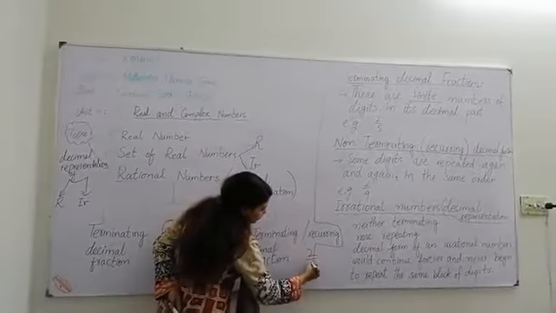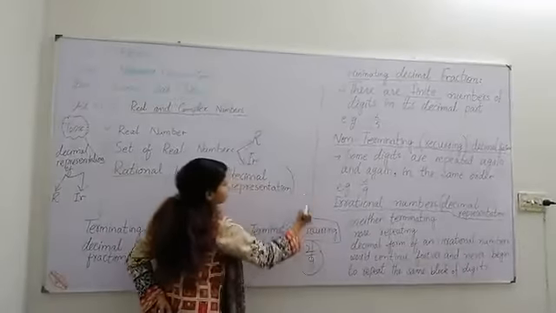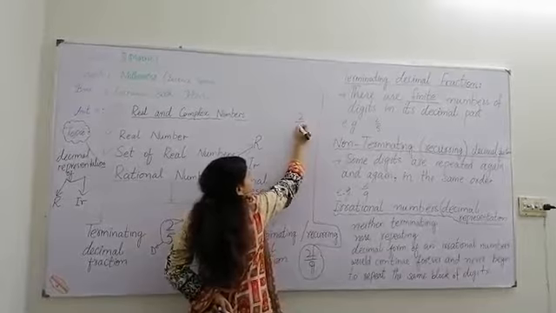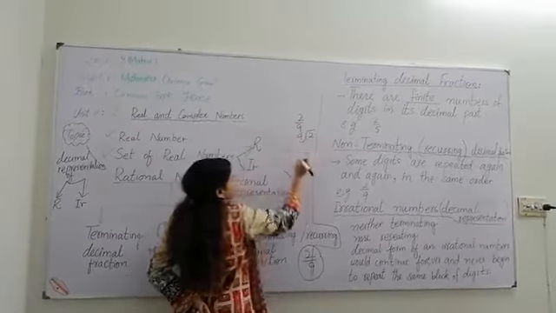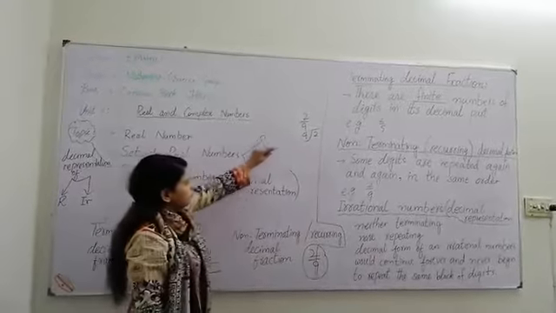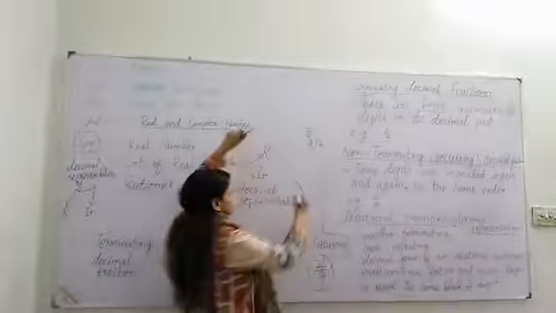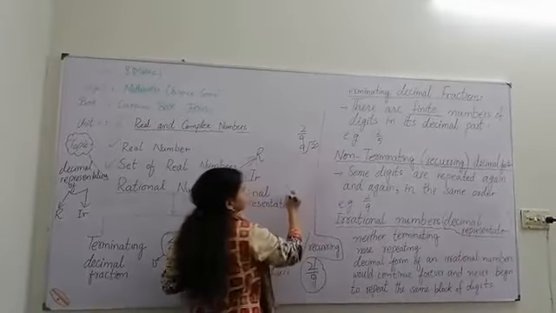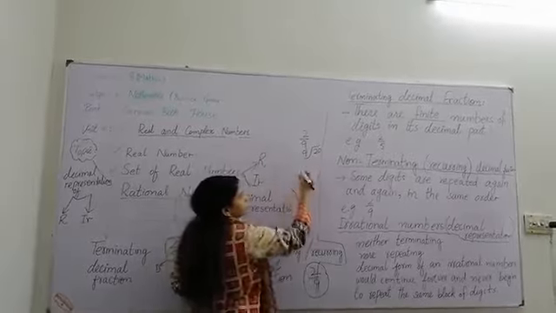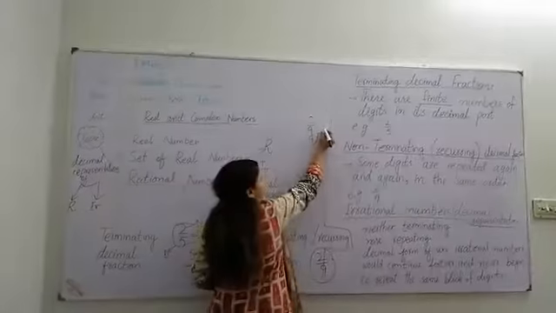Let's suppose this is 2 over 9. Let me solve it for you. By solving it, as you can see, 9 is greater and 2 is smaller. So again, place a decimal. It will become 20, and 9 twos are 18.